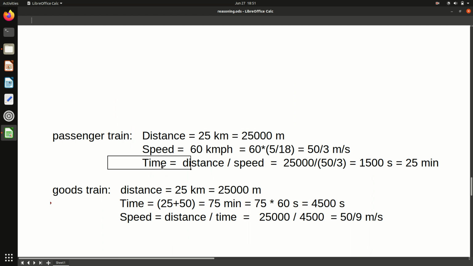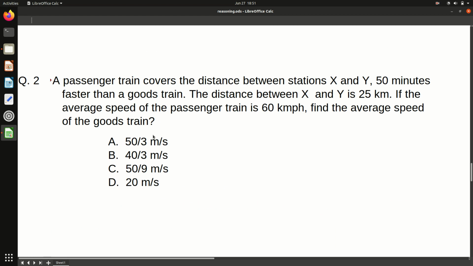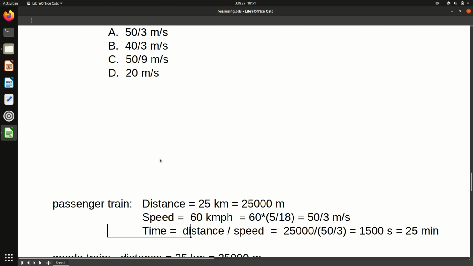To calculate the time we know the formula, which is very easy: time equals distance by speed. So we just put in the values and we will get the time. In this case I have converted kilometer to meter and kilometer per hour to meter per second, because the answer is in meter per second. Now there we will use the shortcut.